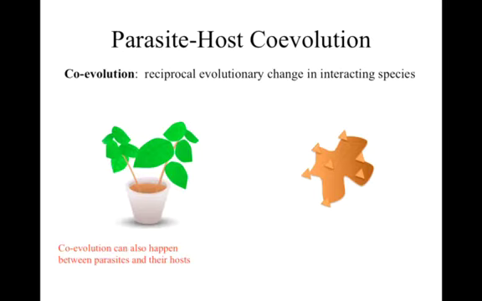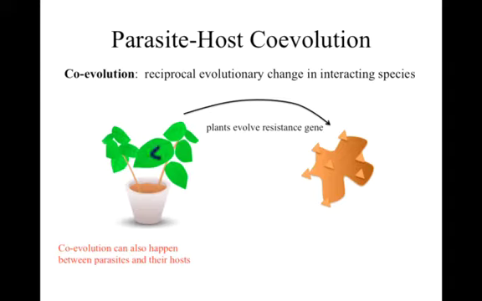So here I might have a plant parasite, maybe that's a rust, and it's got some particular effector protein or some avirulence protein on its surface. And so what happens? Well, the plant might evolve a resistance gene. We talked about those plant resistance genes that are exactly the right shape, exactly the right puzzle piece to fit on and protect against that parasite.